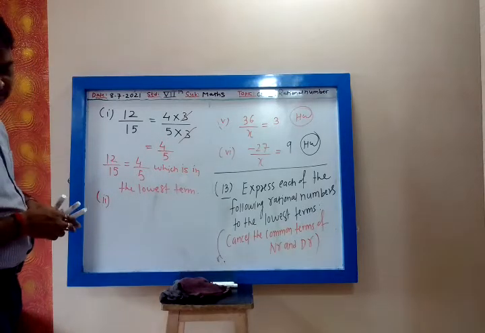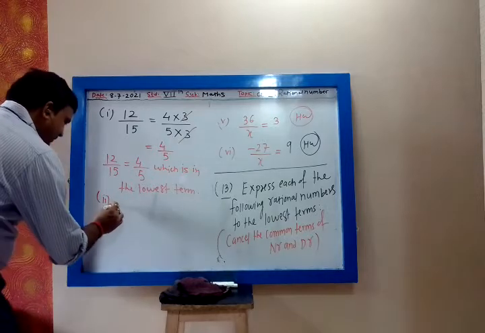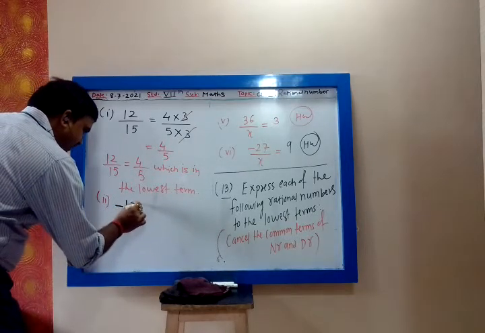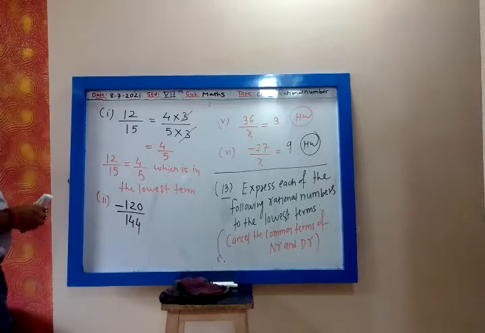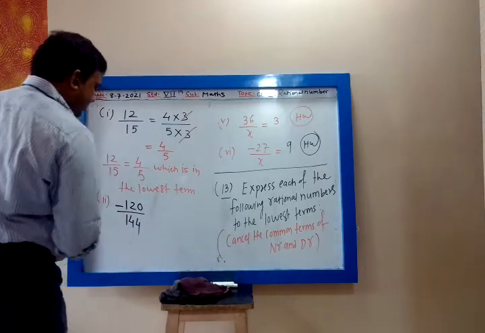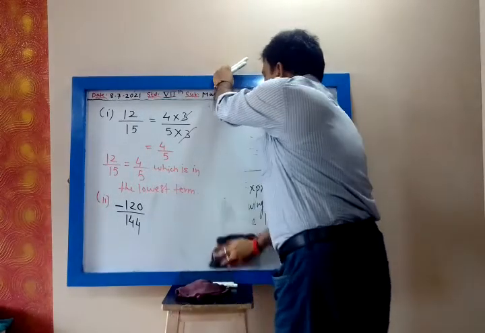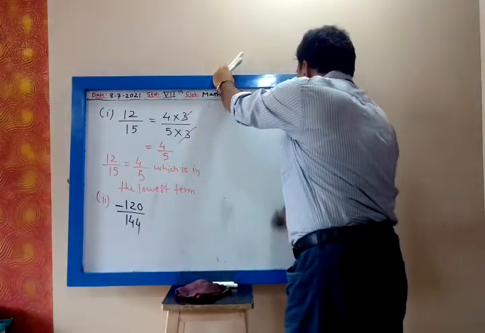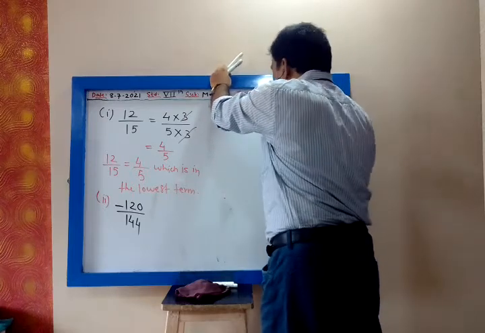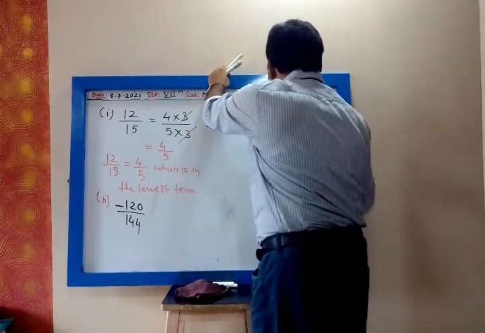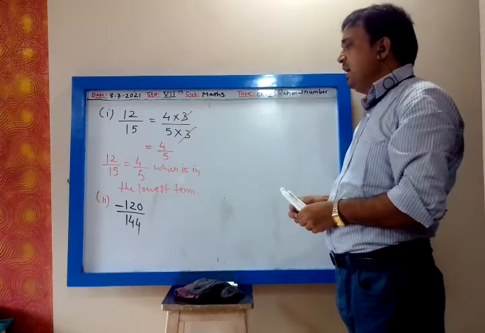Second one, minus 120 upon 144. Now see this part. My dear, in 6th standard you have studied prime factorization. I will advise you, if the numbers are large, you go for prime factorization.